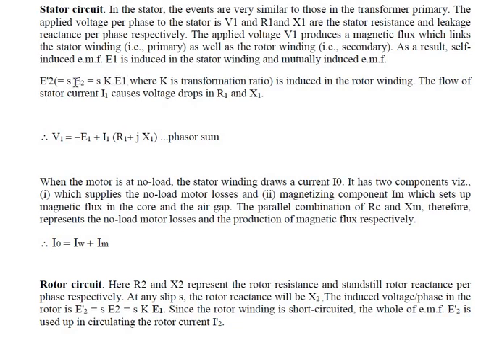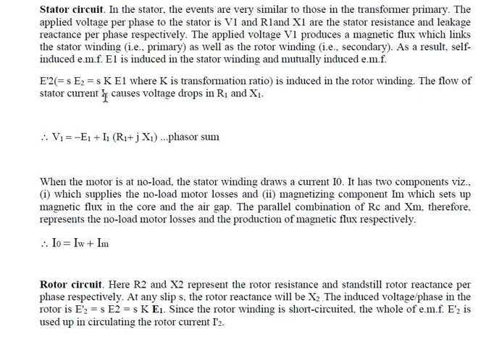So E2 dash is equal to SE2, which is equal to SKE1, where K is the transformation ratio, given by V2 by V1 or N2 by N1, the number of turns of the rotor divided by the number of turns of the stator.